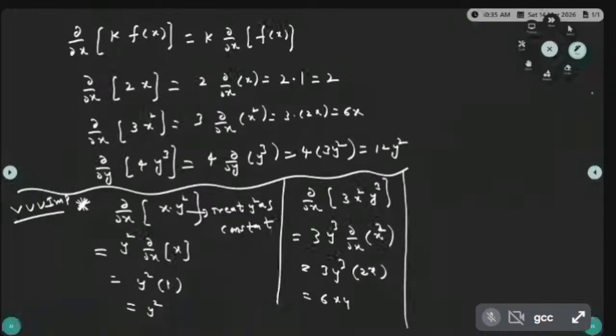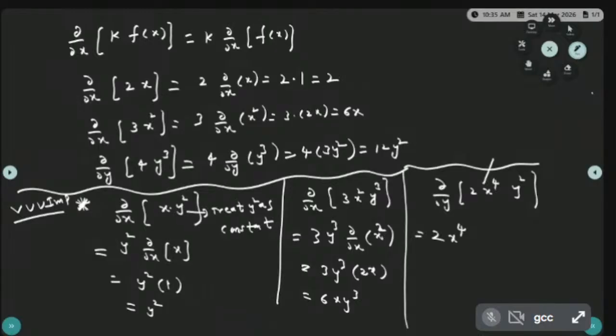6x. Okay. See, dear students, 2x power 4. Please watch carefully. This time we are differentiating with respect to y. What is constant? X is constant. Yes.